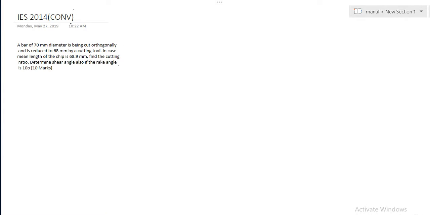So diameter is given. We know that here the thickness is not given, but by conservation of material, by conservation of mass, or I can say, we cannot say conservation of mass, that is for fluid.